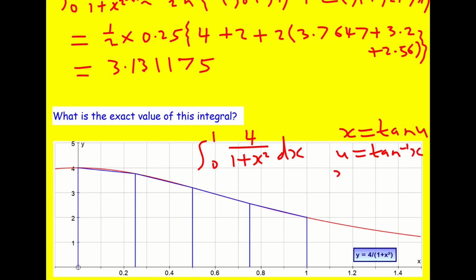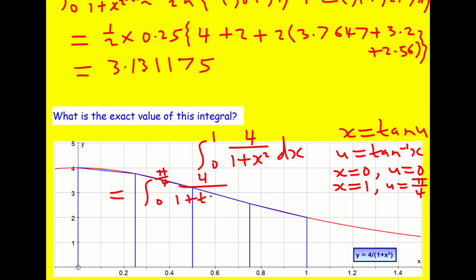So when x is equal to 0, u is equal to 0, because inverse tan of 0 is 0. When x is equal to 1, inverse tan is pi over 4. This is going to become the integral between 0 and pi over 4 of 4 over (1 plus tan squared u). We still need to work out dx by du.